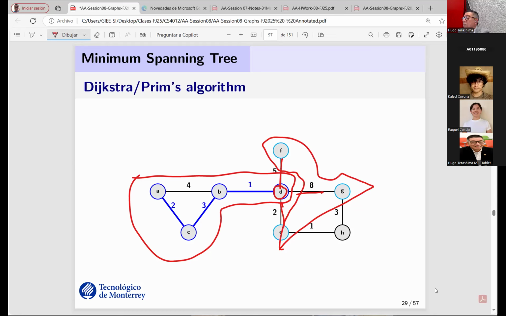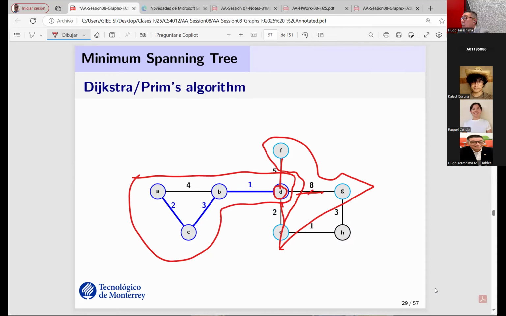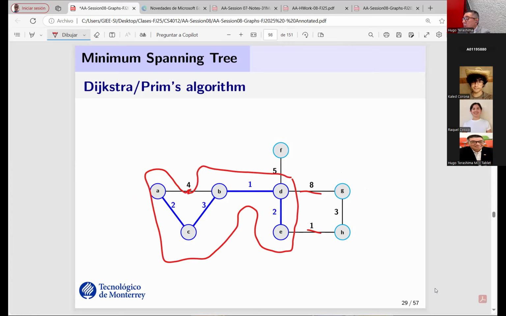And then you find the minimum of this, which is 2, right? And then from this, you only have 2.